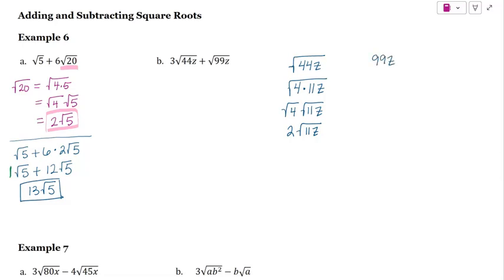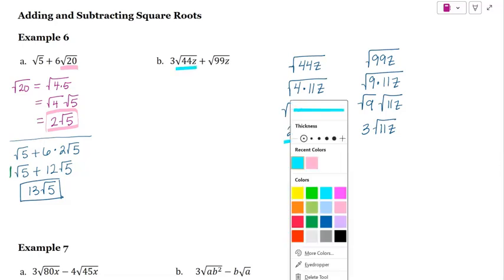I can do something similar for the square root of 99z. That's 9 times 11z. And then if I separate the 9, I get 3 times the square root of 11z. I'll take this first square root and substitute it in for the 44z in my original.